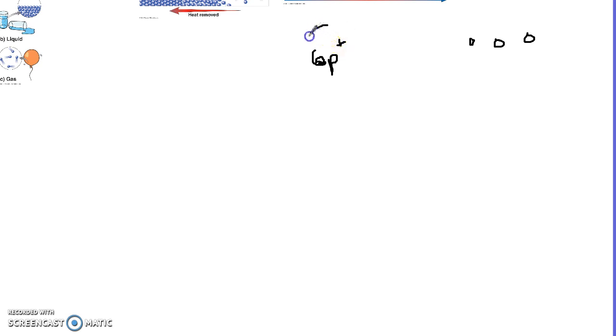It would also have electrons: 1, 2 in the first layer. Then how many on the last layer? Next layer: 1, 2, 3, 4. That's horrible, but I'm not somewhere I can write on it. So there we go, and this would be a neutral atom. This is how we started to draw atoms.